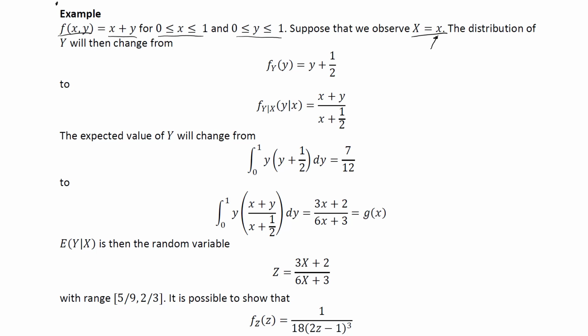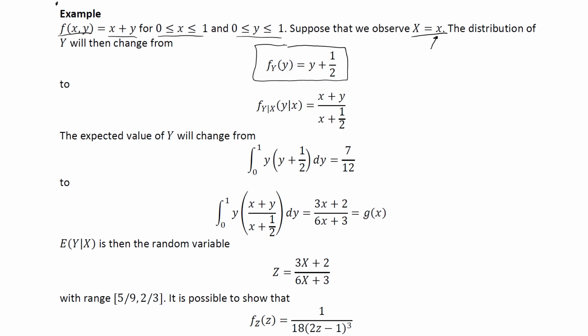By integrating away x from the joint PDF, we find that the marginal PDF of Y is given by this. This function has complete information about the random variable Y, but it's based on knowing nothing about X.